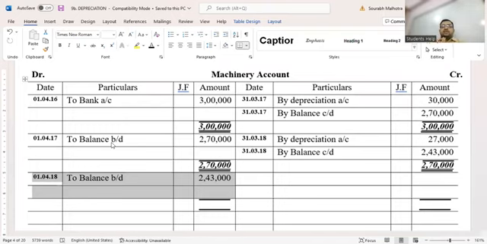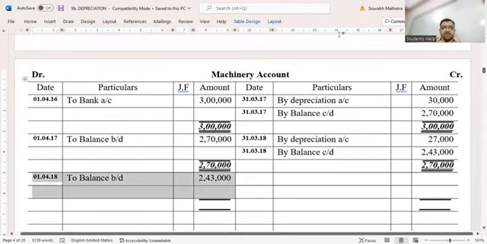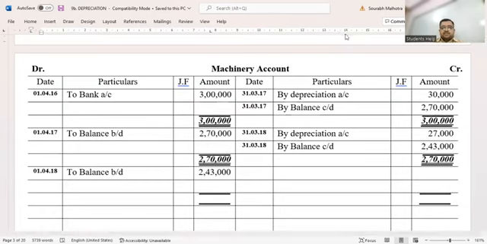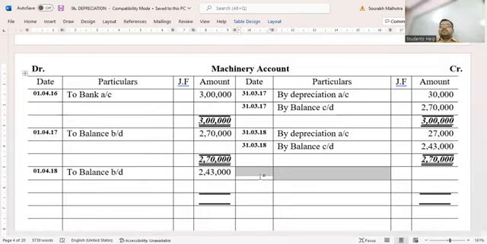Logic understood? Sure? Okay. Quickly complete this year. Yes. The year which starts on 1st April 2018 would end when, children? 31st March 19. What posting we will be doing for recording depreciation? By depreciation. And now we'll be calculating it on what? 2,43,000 at 10%.